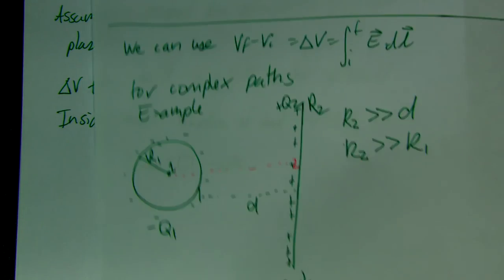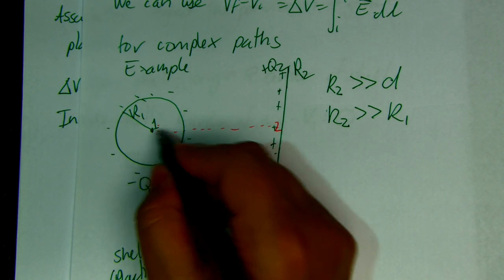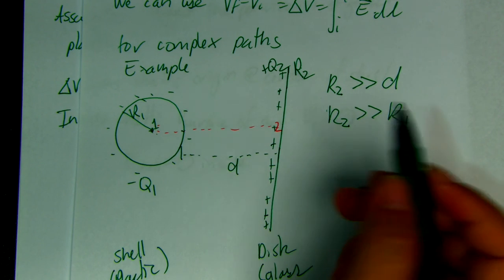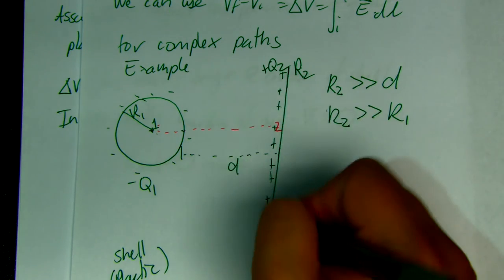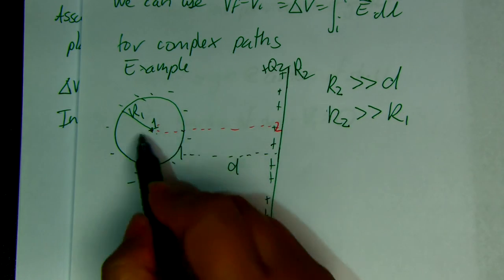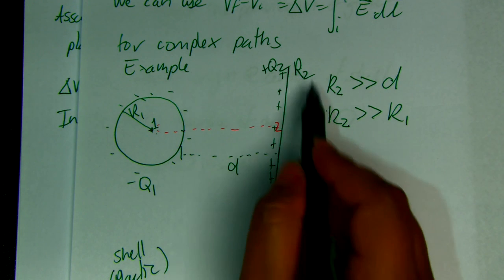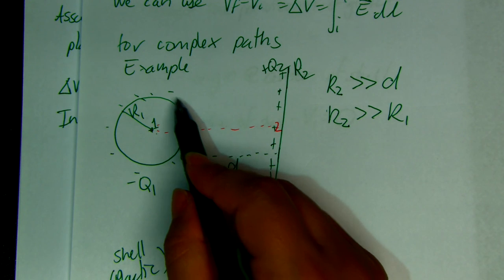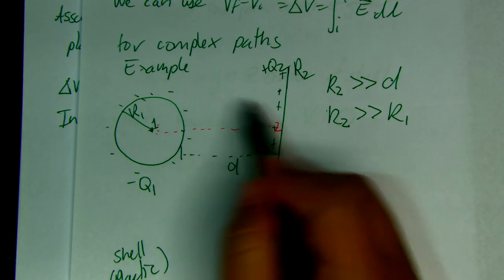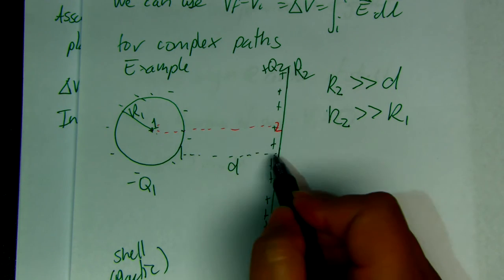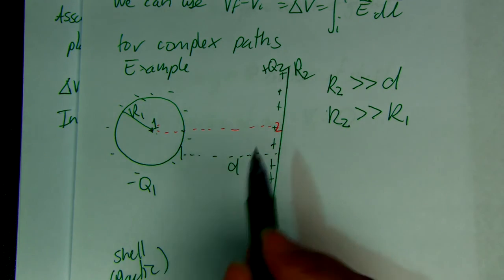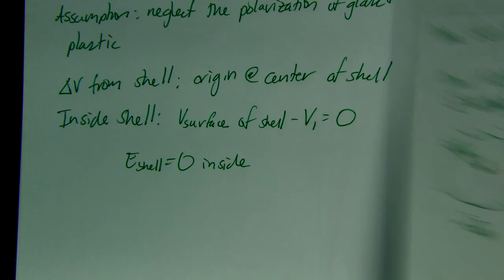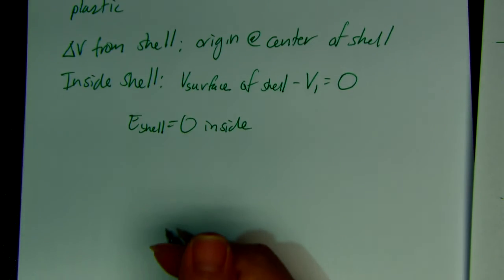So basically what we're looking at here, from here to here, is going to have one contributing factor, namely the field from the disk acting here. Once we get outside of it, then we would have both the field from the disk and the field from the shell. And remember, D only goes to the edge of the shell, so the total distance is actually R plus D.